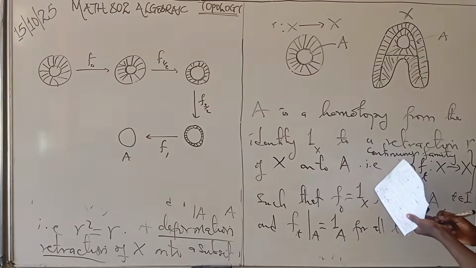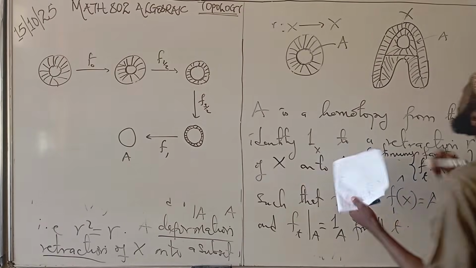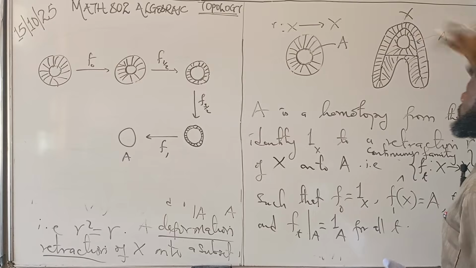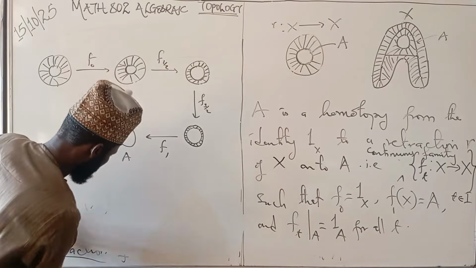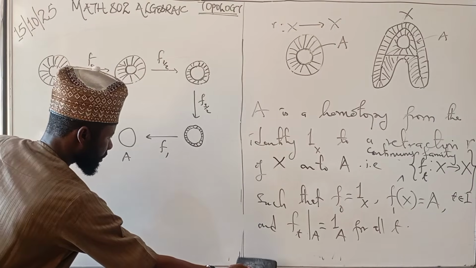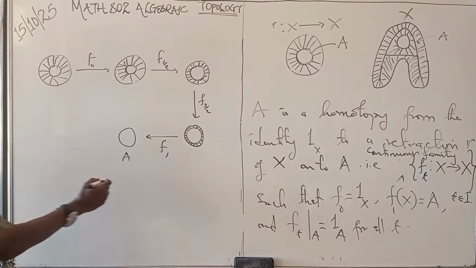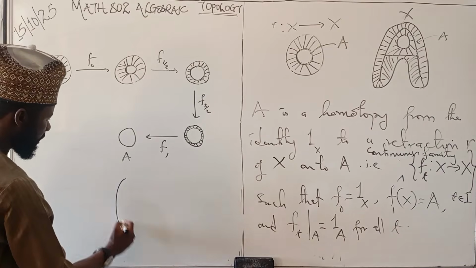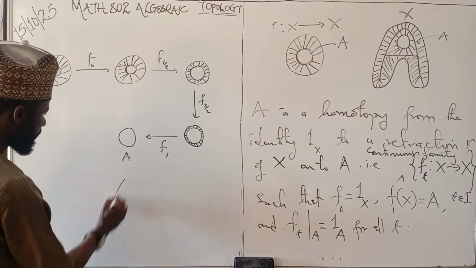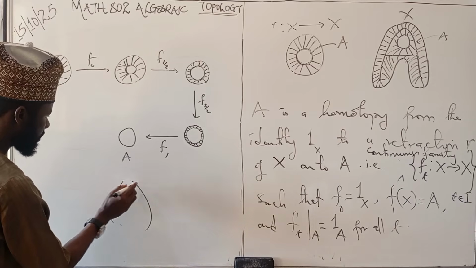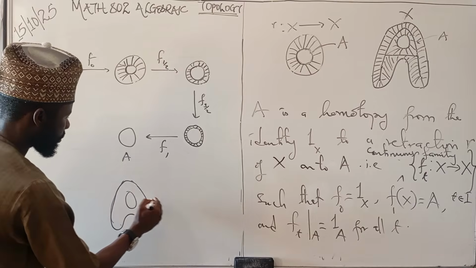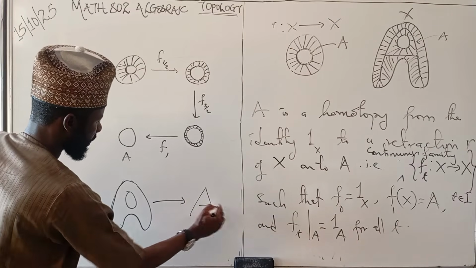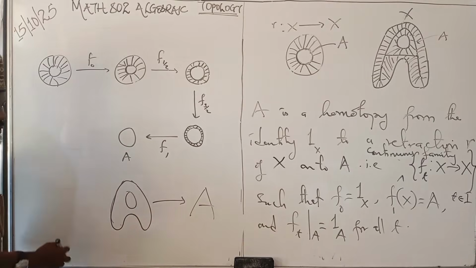So if you have a mapping, like we thought of having a retraction here, let me demonstrate it over here. You remember we said there is a retraction from this space down to this one, which is thought of as a subset of this. So we have a retraction like this.